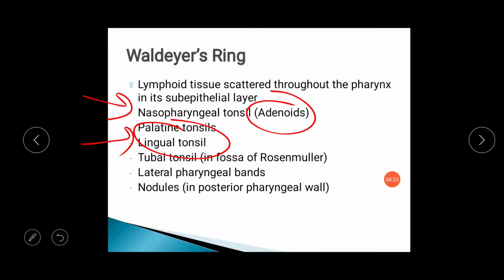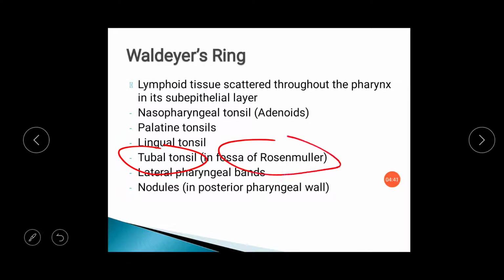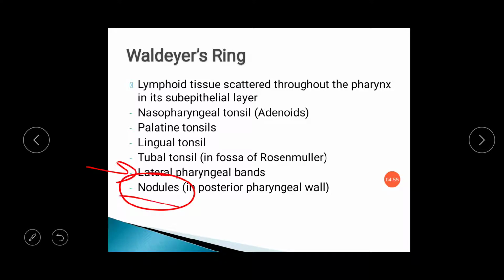The tubal tonsils are situated in close vicinity of the eustachian tube, and so are known as tubal tonsils. They are in the fossa of Rosenmuller, that we will see in the nasopharynx. The lateral pharyngeal bands connect these different tonsil areas present in the nasopharynx and oropharynx, and there are submucosal lymphatic nodules present in the posterior pharyngeal wall.